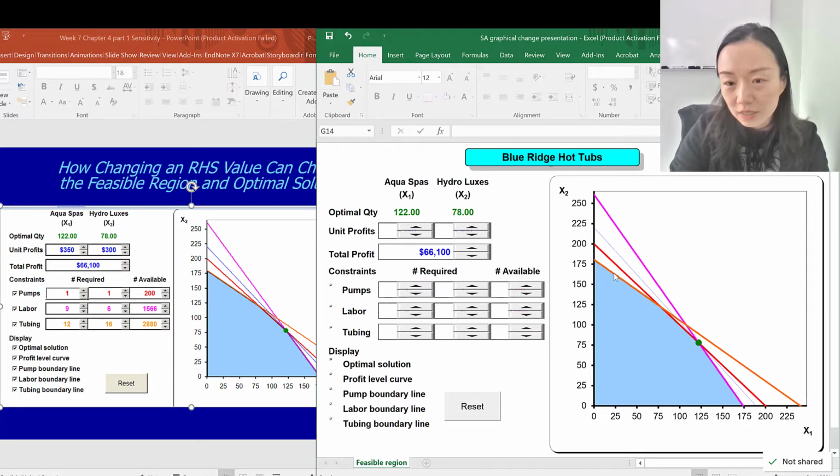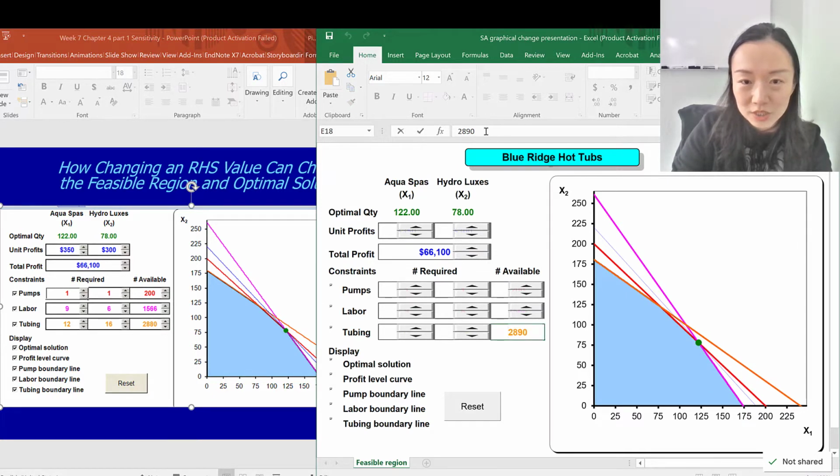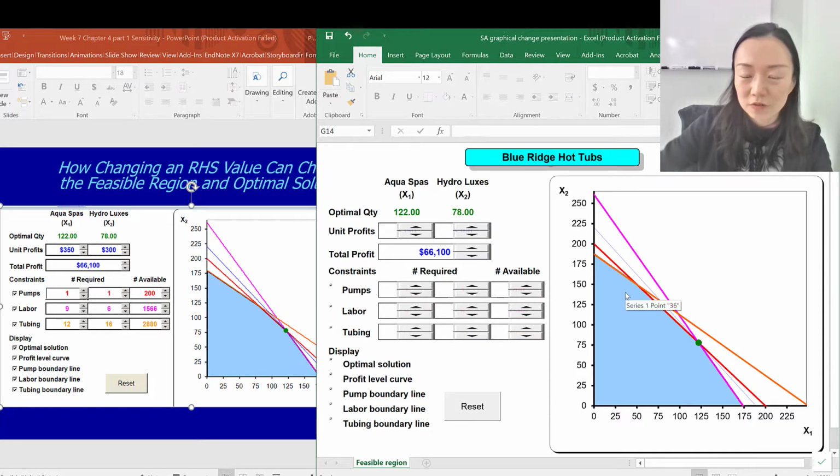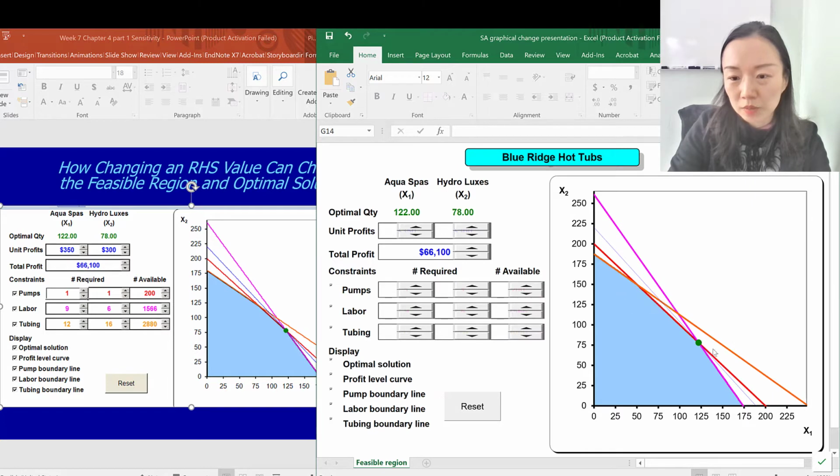You can see the feasible region gets enlarged a little bit, but the optimal solution and the objective function value did not change, because this point did not change. This point still holds as the optimal solution point. So if we keep changing this one to 3000, you can see that the feasible region keeps getting enlarged, but our optimal solution did not change.